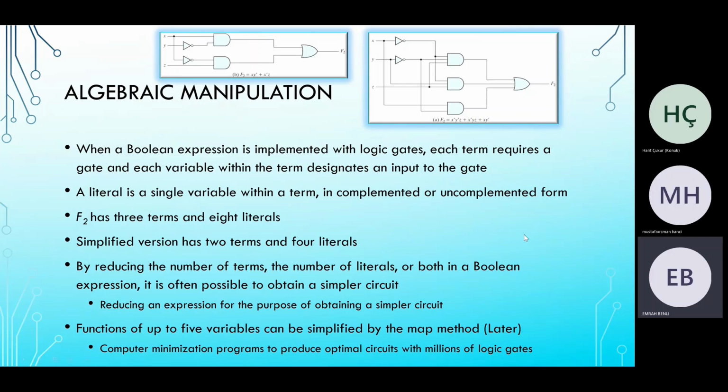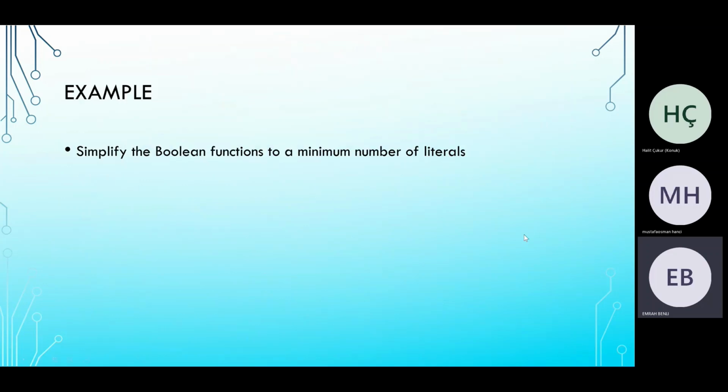So let's go to this example here. Do we have time? Yes, we have. We want to simplify the Boolean function to a minimum number of literals. X and in parentheses x prime or y.